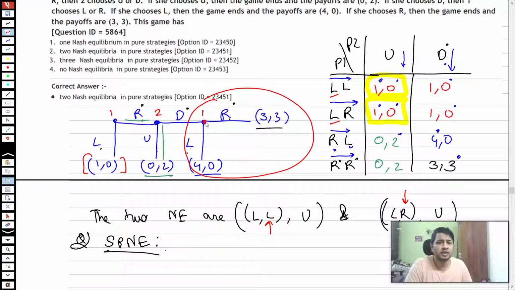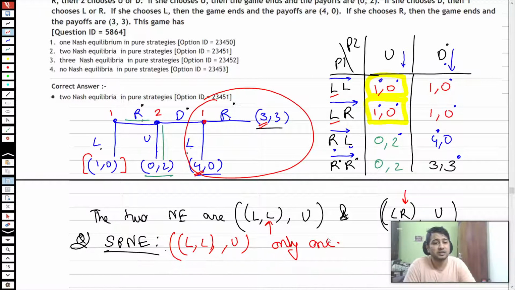What should player 1 do if the game reaches this node? He should play L, because L gives him a higher payoff of 4, whereas R gives him a lower payoff of 3. So the subgame perfect Nash equilibrium is L comma U. So this is only 1.